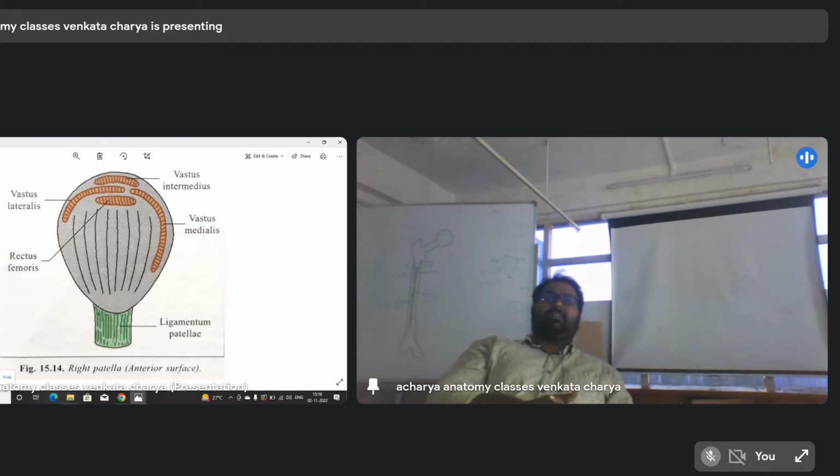The base divides into three areas: number one, anterior area, number two, intermediate area, and number three, posterior area.